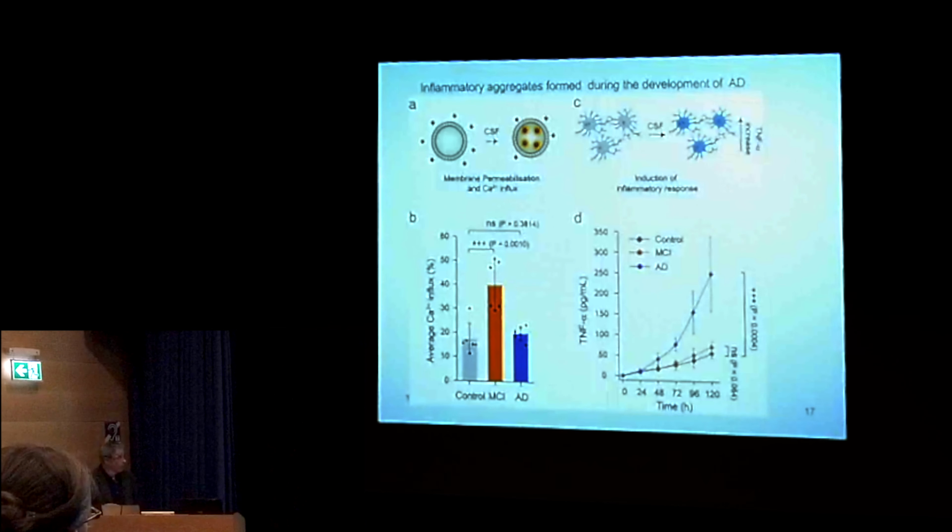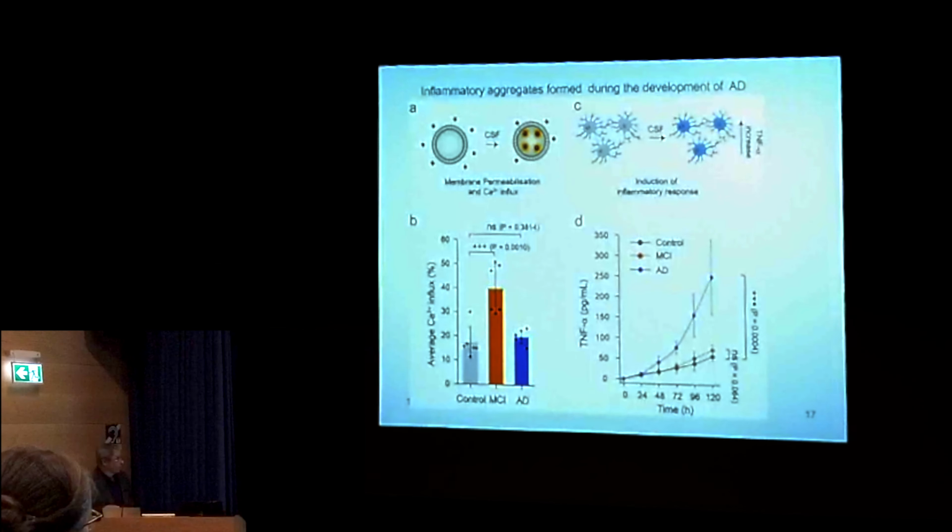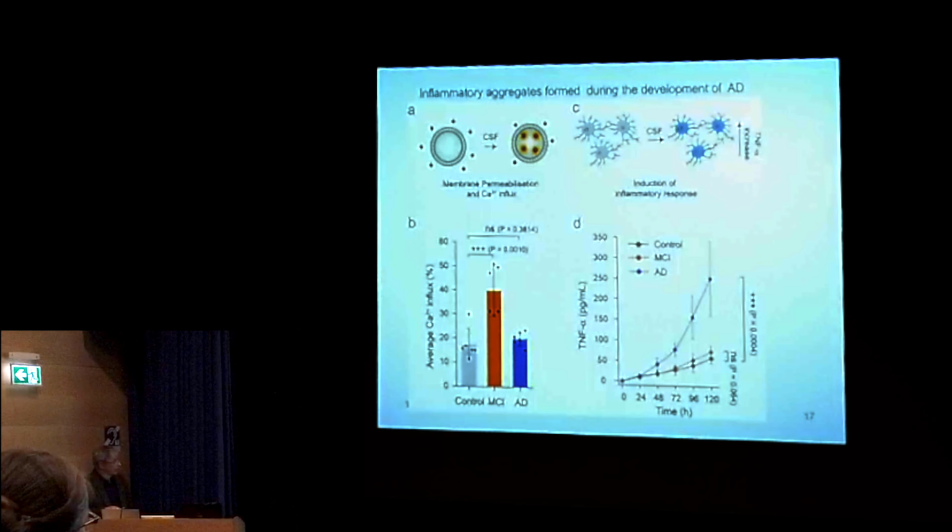To start off, we use two assays. We have an assay where we put a whole bunch of small liposomes. These are basically mini cells. They have a lipid bilayer arrayed on the surface, and inside each liposome there's a dye that binds calcium. What can happen is the aggregates can temporarily permeabilize the membrane, and a calcium ion can enter.